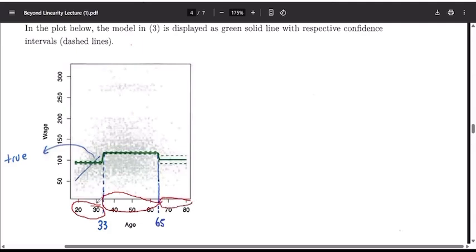But there's something I want you to see. Here, the true relationship for less than 33 years of age is supposed to be a straight line. But look at what it's suggesting.